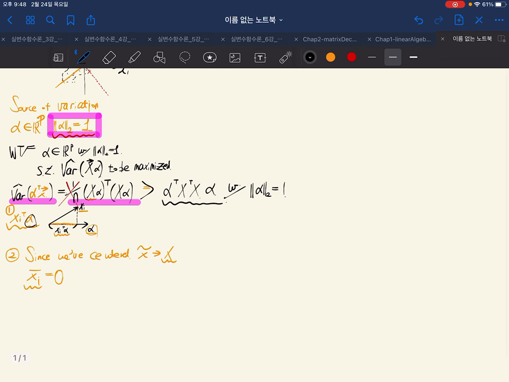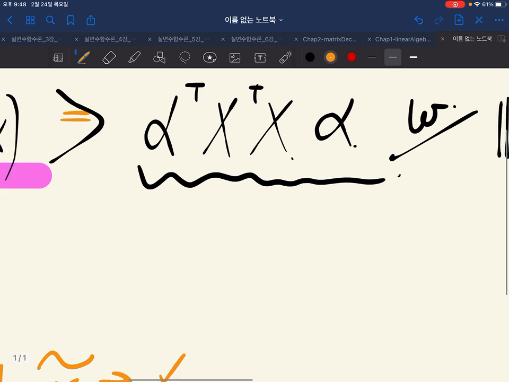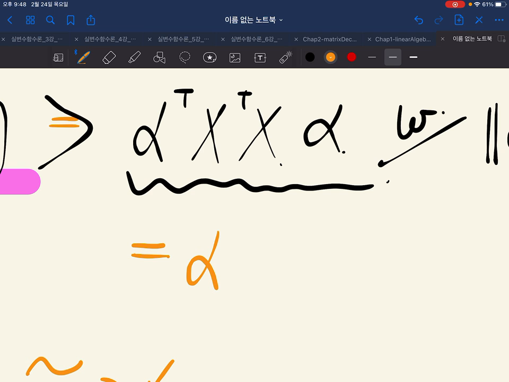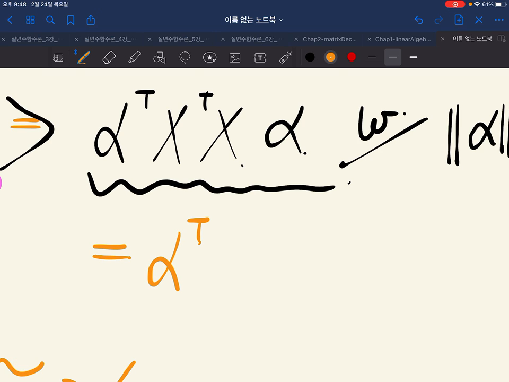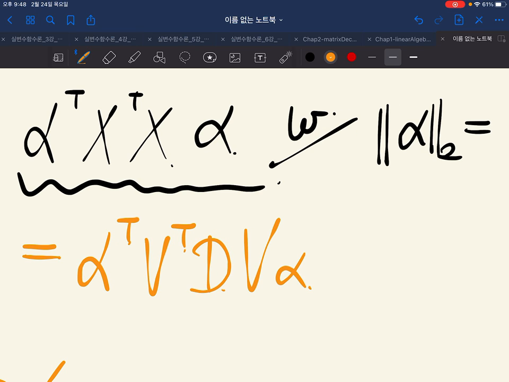And as we learn from the spectral decomposition or singular value decomposition, this can be rewritten as a factorization of V transpose D V alpha. For convenience, let's say like this.